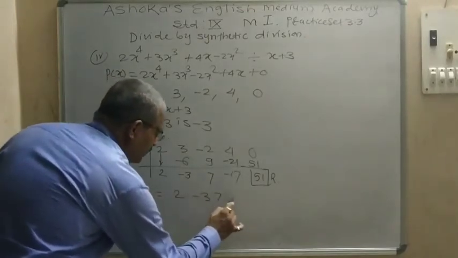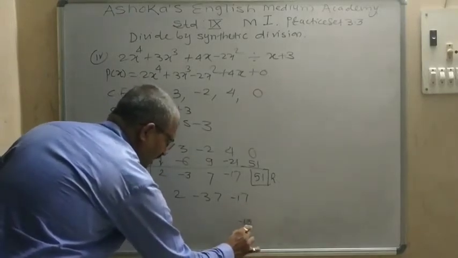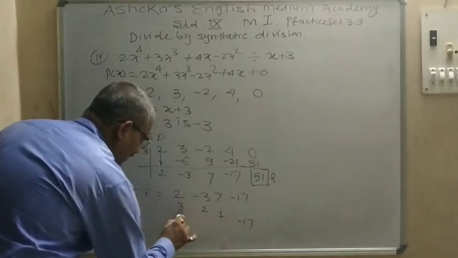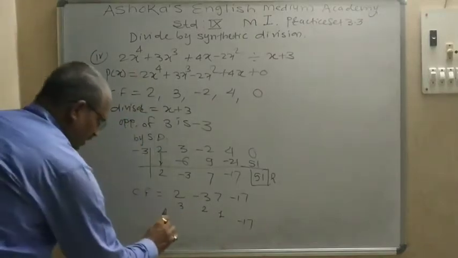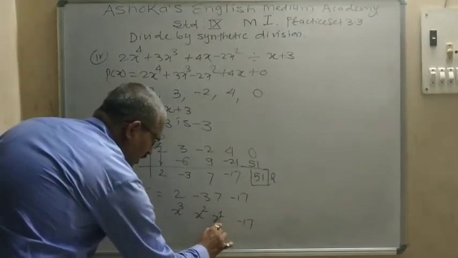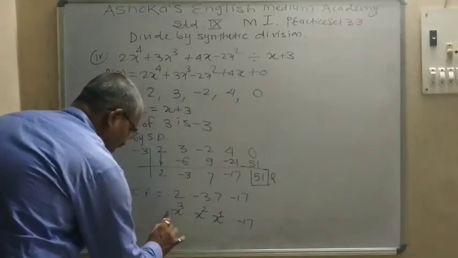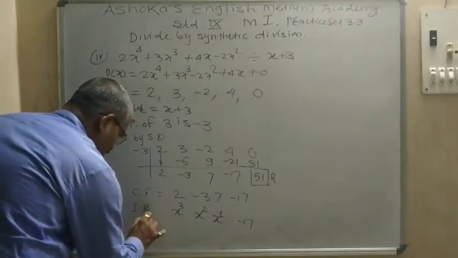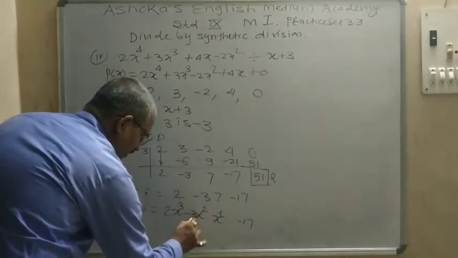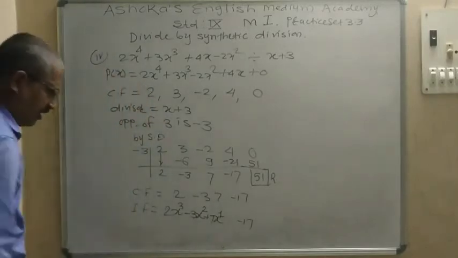Now, this is CF form. 2, minus 3, 7, minus 17. So minus 17 as it is, here it is 1, here it is 2, and here it is 3. Means here x is there. So x raised to 3, x raised to 2, x raised to 1, and this minus 17 as it is. Means index form how comes? 2x raised to 3, minus 3 comes as a coefficient and this 7 comes as a coefficient.